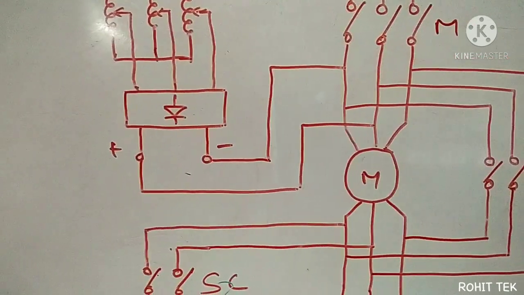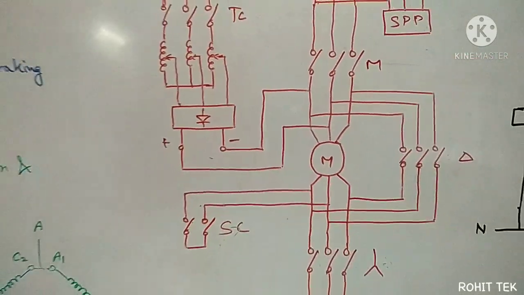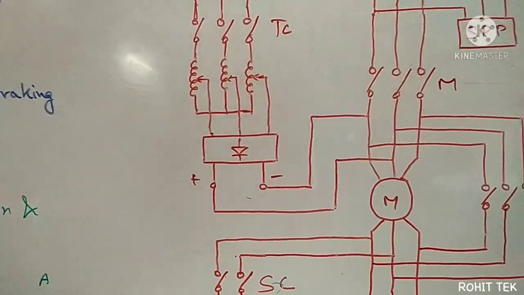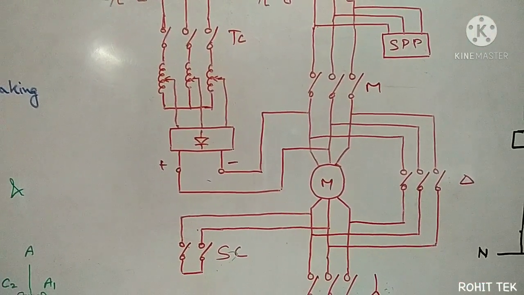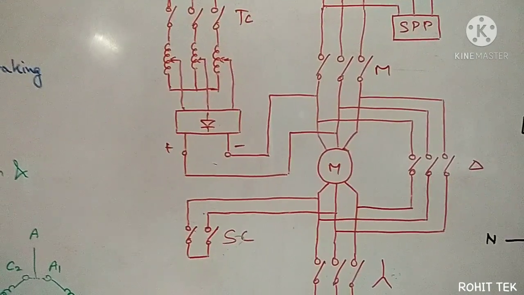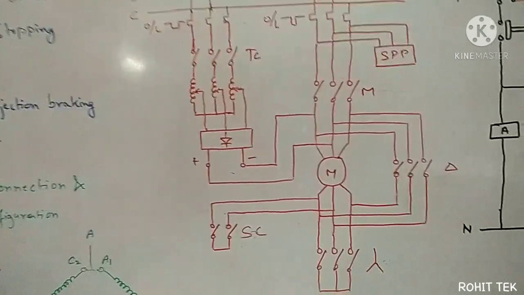The motor will stop immediately. That is the theory behind this braking system. I can easily use this to turn off the motor immediately, so it can be a good option for emergency stopping. That's why I've incorporated this DC injection braking system.